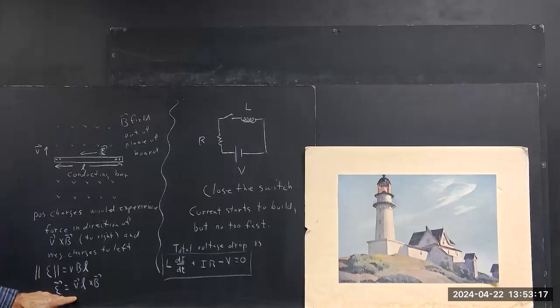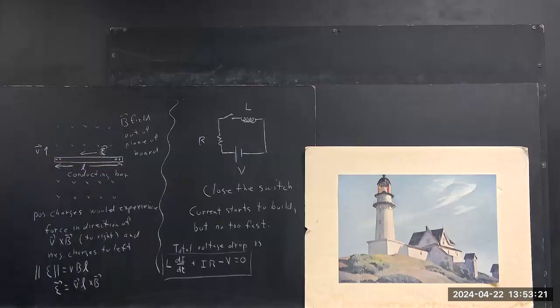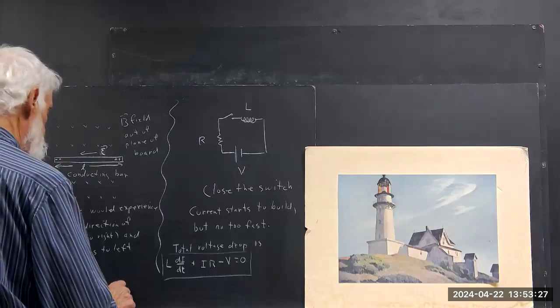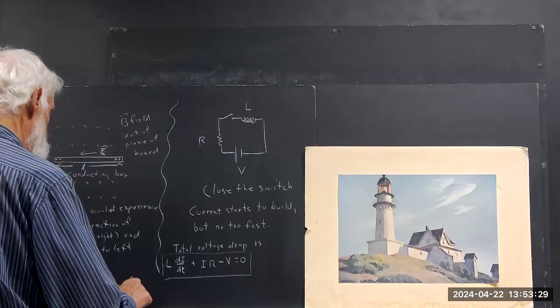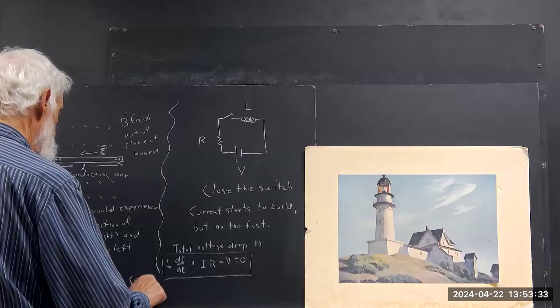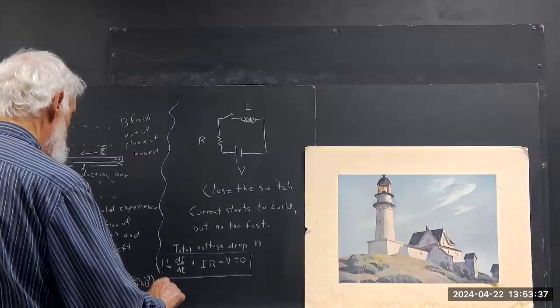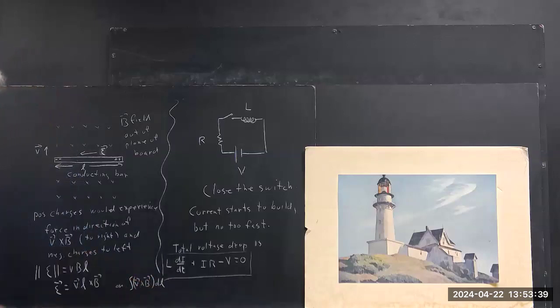If it's not a straight bar, then you have to integrate, v cross B dot dL.